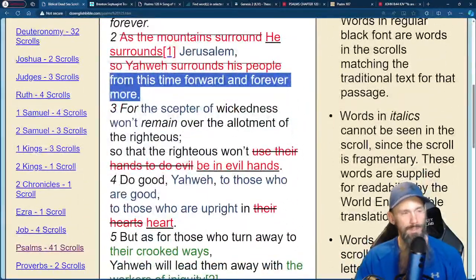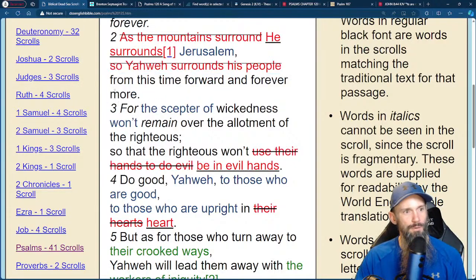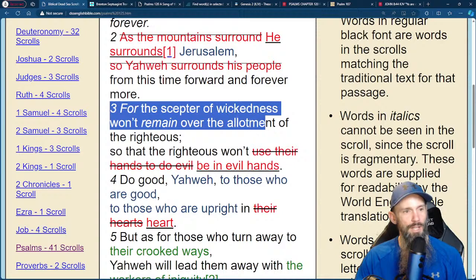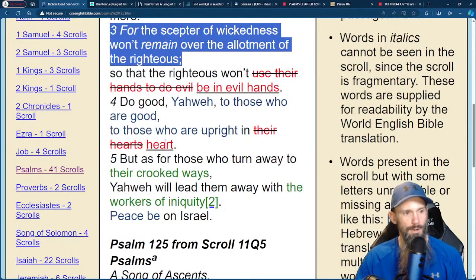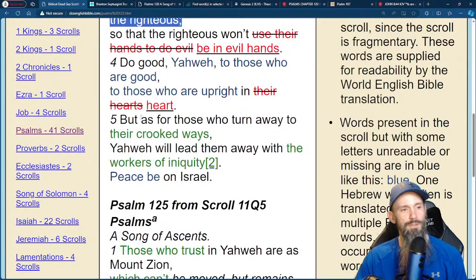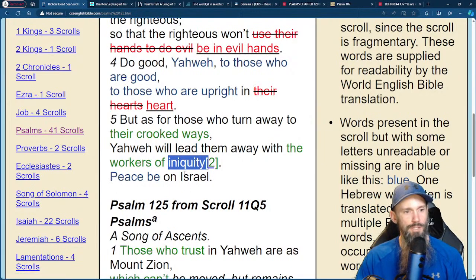So that pulls in from the last verse there, through the waters. For the scepter of wickedness won't remain over the allotment of the righteous, so that the righteous won't be in evil hands. Do good, Yahuwah, to those who are good, to those who are upright in heart. But as for those who turn away to their crooked ways, Yahuwah will lead them away with the workers of iniquity. That's lawlessness. Peace be on Yisrael.